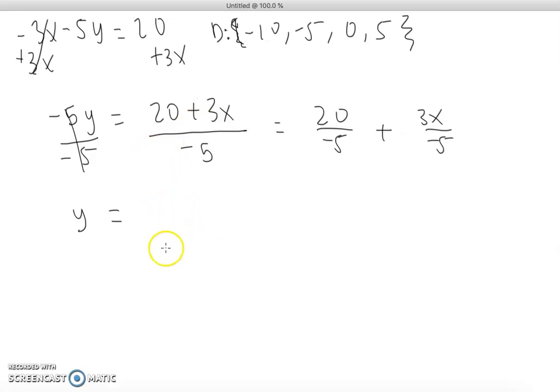So now, as we separate it, we can bring out the -3x over 5, because the negative just comes out. That's just how it works. And then 20 divided by 5 is actually 4, and as I explained before, dividing a positive number by a negative number gives you a negative number, so 20 divided by -5 gives you -4.